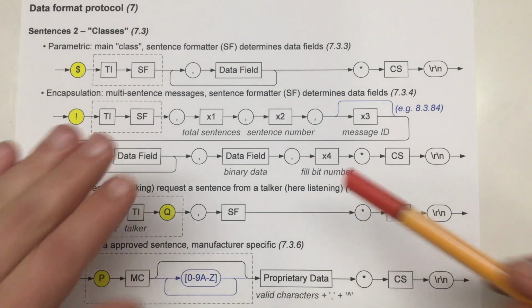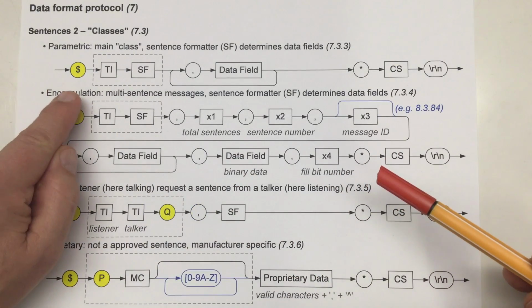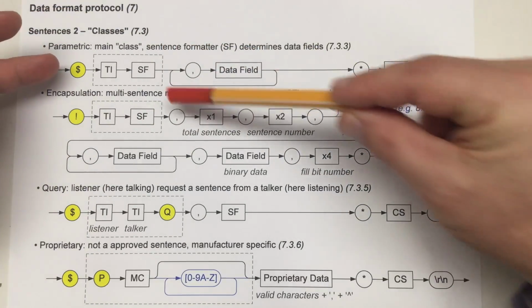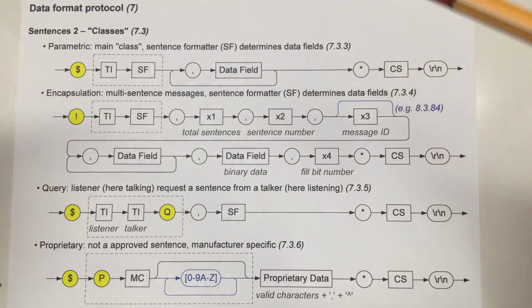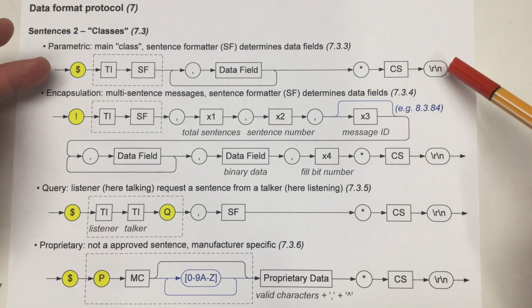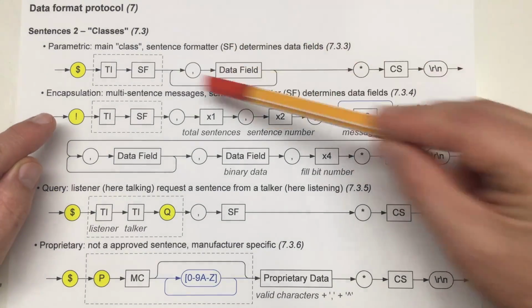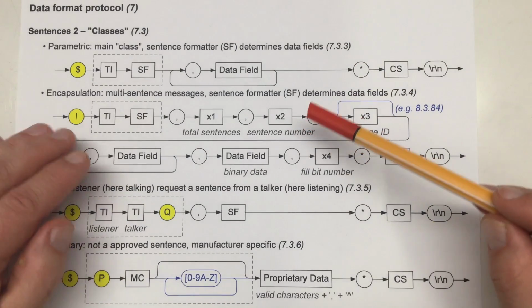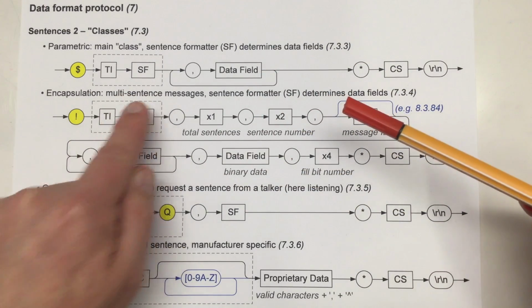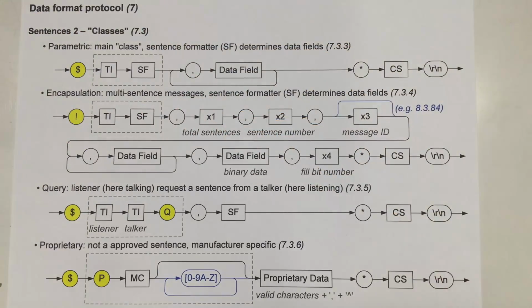And just as a short recap from part 1, they start with $, that's followed by a parametric address field, and then a comma-separated list of data fields, star, checksum, carriage return, new line. What data fields are actually contained in a parametric sentence is determined by the sentence formatter within the address field.